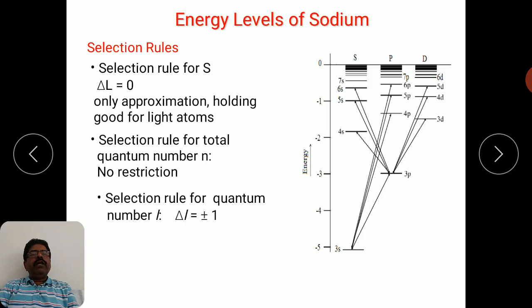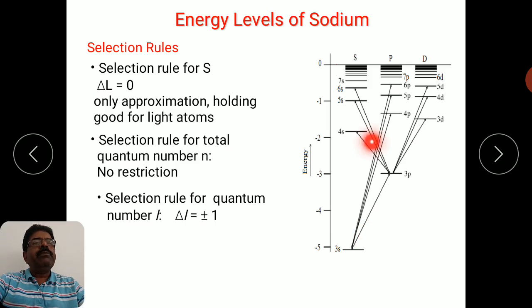So only these transitions will be allowed depending on the value of L. See here, for example, 3P to 3S. That transition is allowed. Why? Because 3P means L is equal to 1, and 3S means L is equal to 0. So delta L will be 1 here.